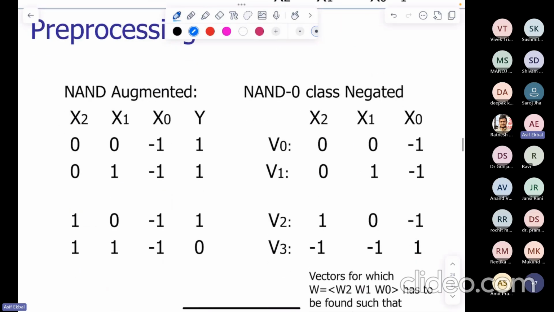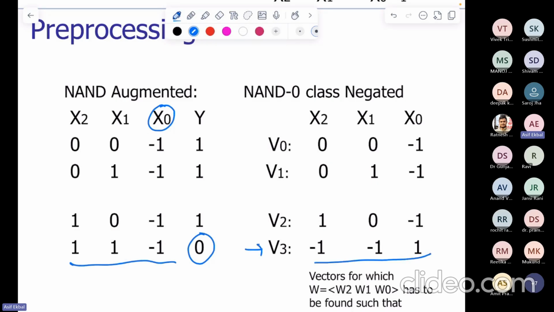And eventually, following the same way, for these three vectors, let's say x0 is an additional vector for theta that you had introduced, which has a value of -1 everywhere. And this is your 0 class, so you have to negate these particular vectors. If you do the negation, then V3 now appears, as you can see here, that this is -1 and this is +1.